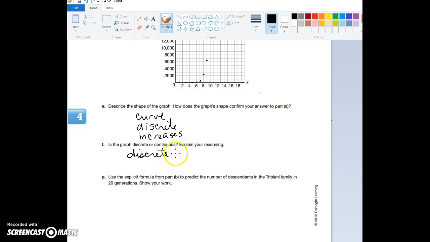We're going to say that it's discrete because terms are integers, not fractions. Remember, our term numbers, we don't say there's a 1.5 term, right?